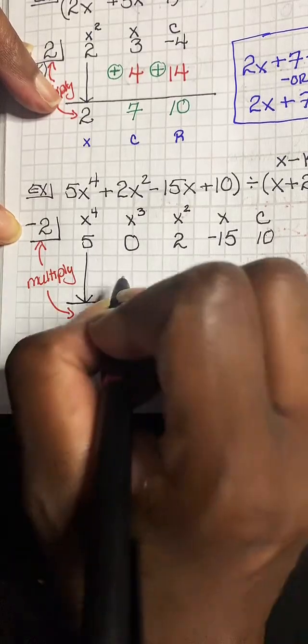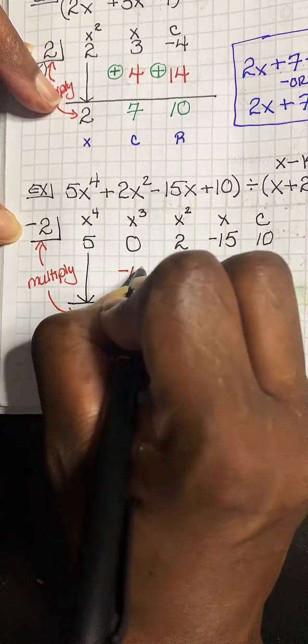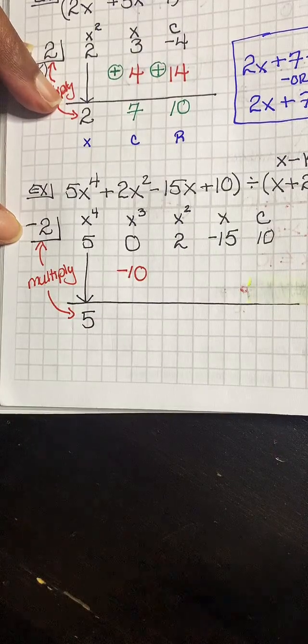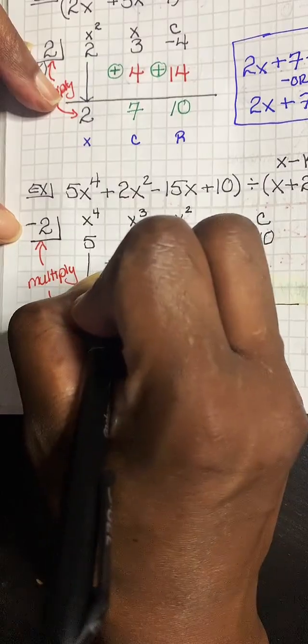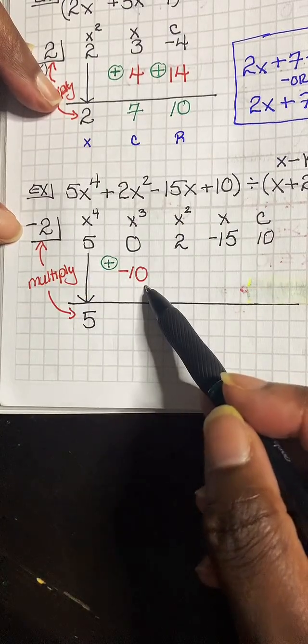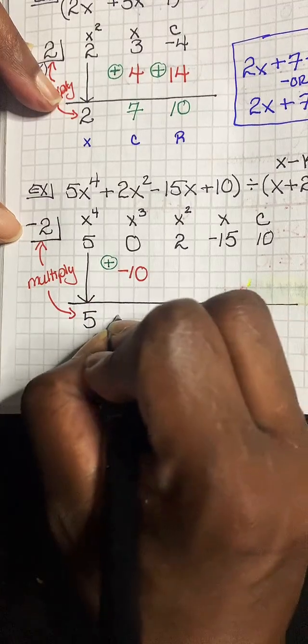And like you all said, it's a -10. Now, we're going to add those two together. So 0 plus negative 10, negative 10.